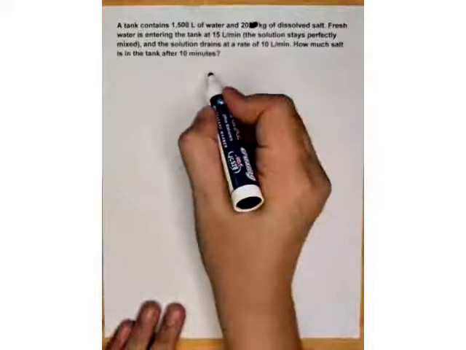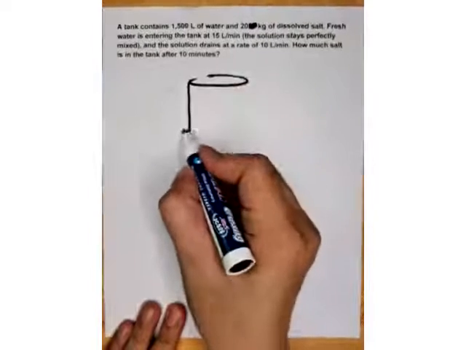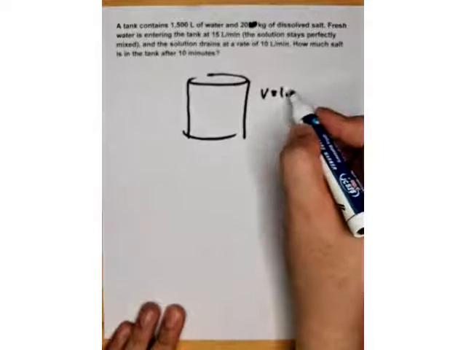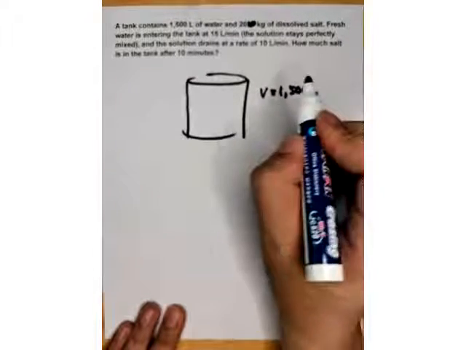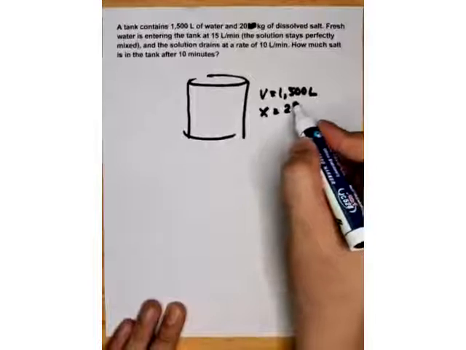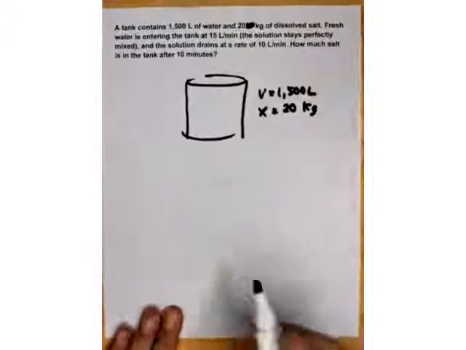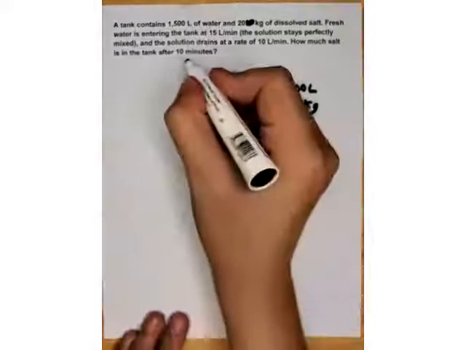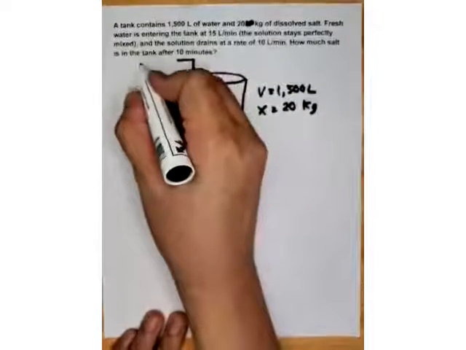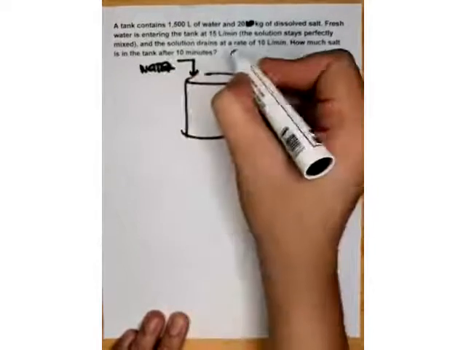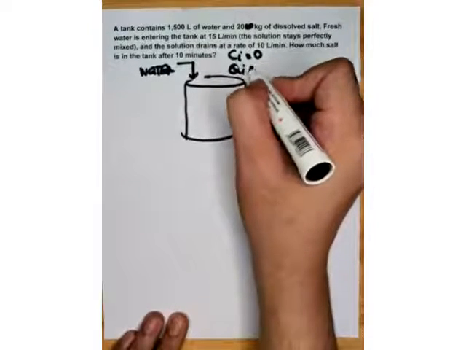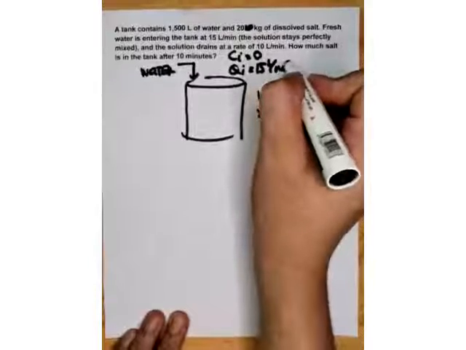So kung meron tayong tank, ang volume niya initially is 1,500 liters at yung amount niya of salt is 20 kilograms. So fresh water is entering the tank at 5 liters per minute. So again, water is entering the tank. So that means its initial concentration is 0 and the rate is 15 liters per minute.